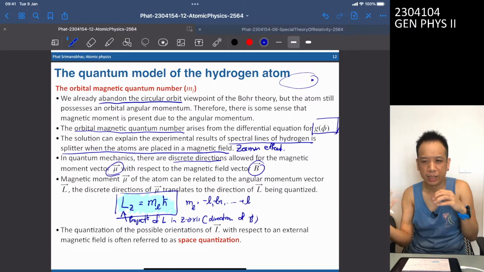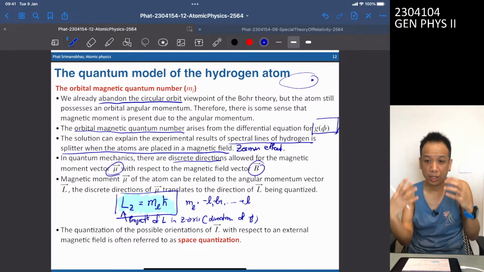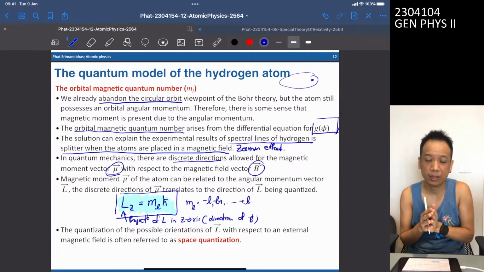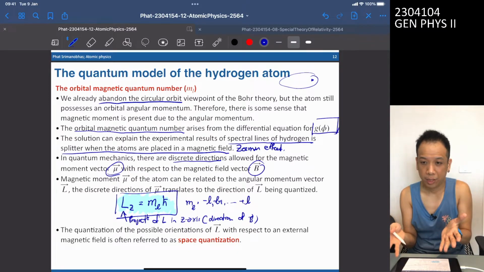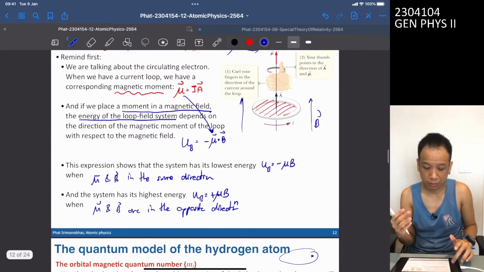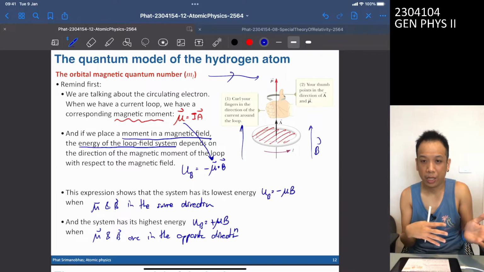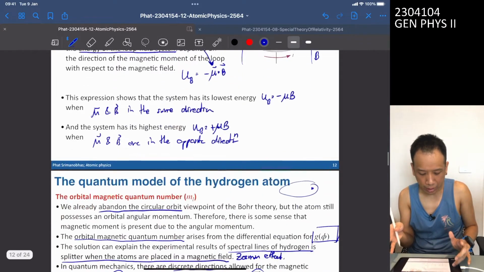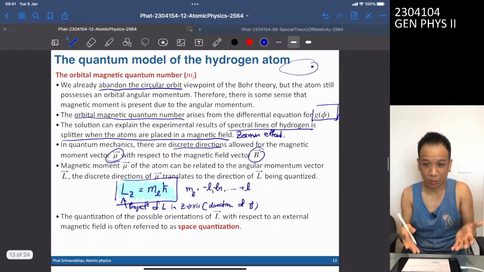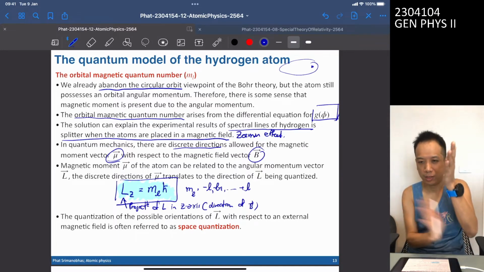When you place this magnetic moment in the B field, it creates the potential energy of the moment and field system. In the classical world, we have no control of this direction. B and mu don't need to be the same; we can place mu and B however we want.